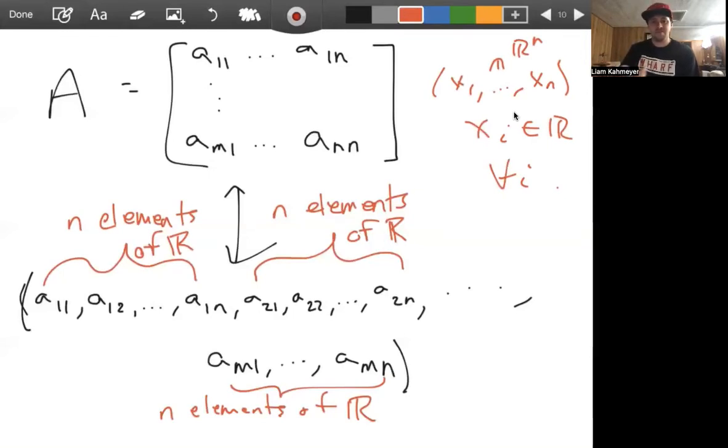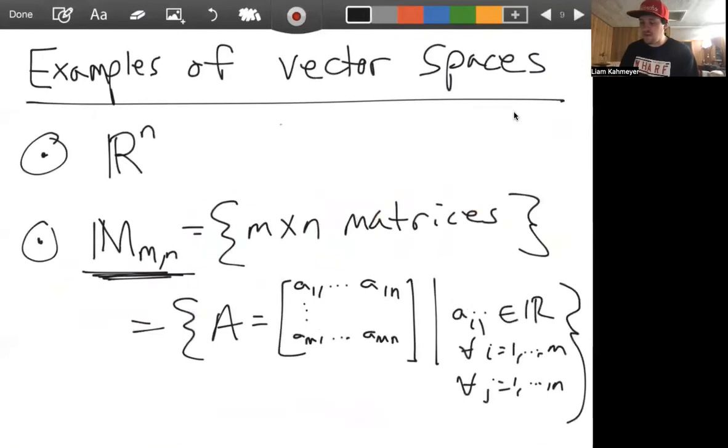Well, we have m copies of n elements, which means this collection is an element of R to the m times n. And so really, this space is actually isomorphic to R to the mn. And so it's not all that different. It's not really a new example.